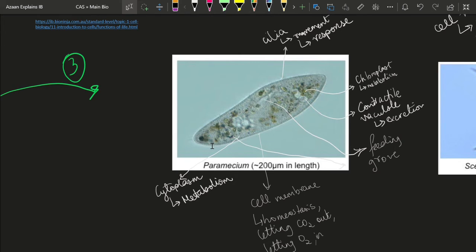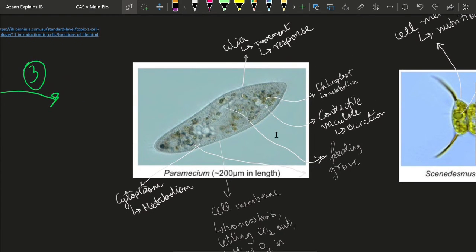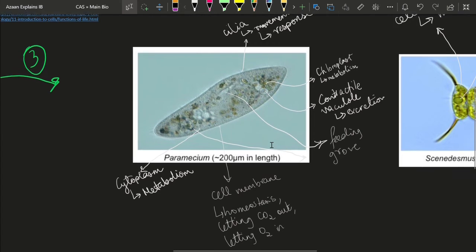This is where knowing the parts of the cell, which you study more in Unit 1, becomes very important, because knowing the different parts of the cell helps you to know their functions. When you know the functions, you can attribute each of these to a different function of life.